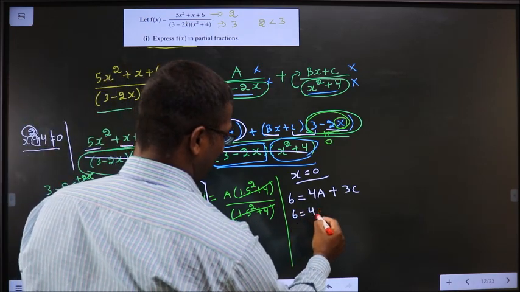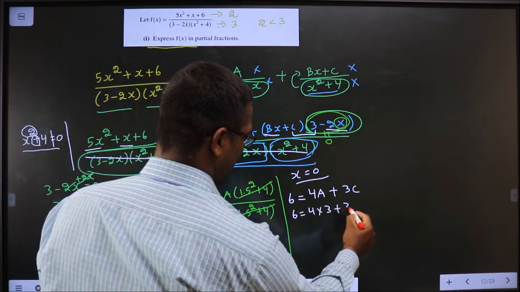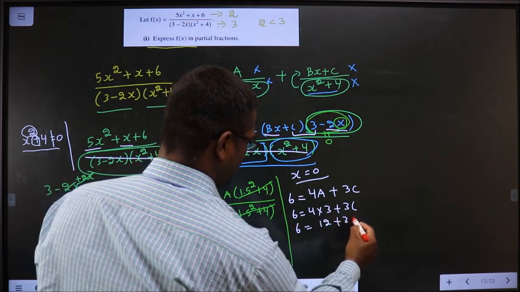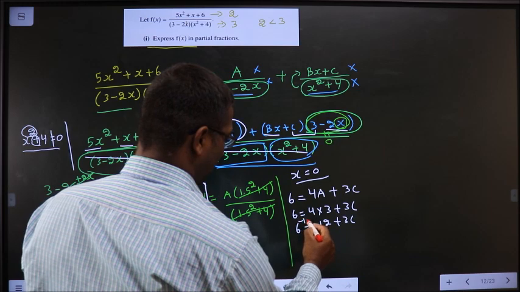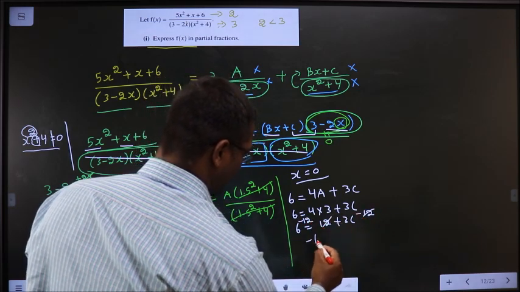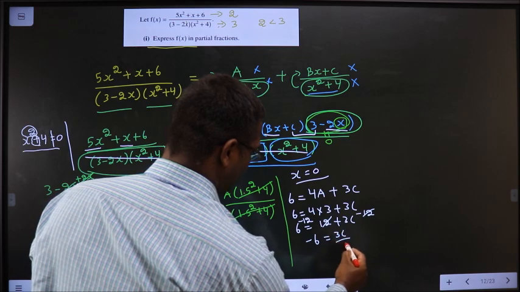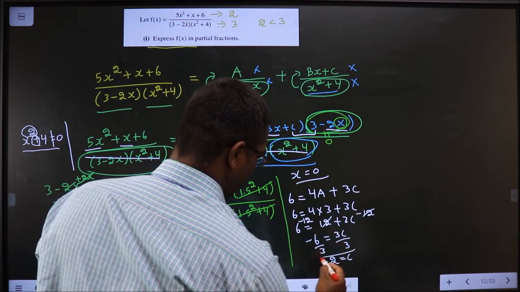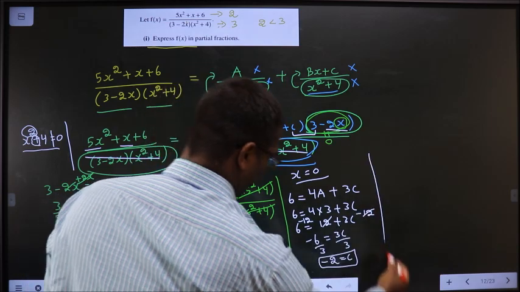So 6 equal to 4 into 3 plus 3c. So 6 equal to 12 plus 3c. Subtract 12 from both sides. So this cancels out, minus 6 equal to 3c. Now divide by 3. So minus 2 equal to c. Okay.